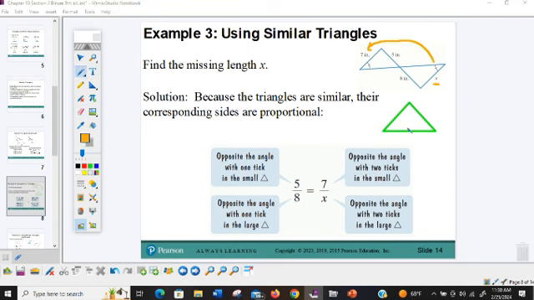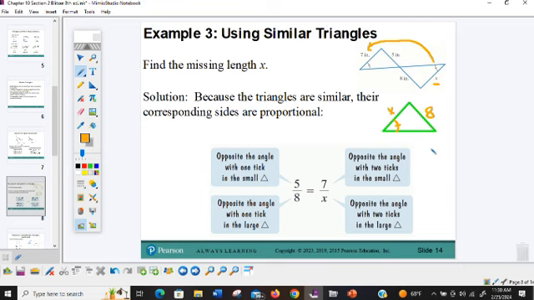Let me do that again since I messed that up. Now, if I flip this over here, if this angle's going all the way over here, the X is going to be in the same spot as the 7, right? If I flip it over here, this 8 is going to end up in the same spot as the 5. And that's what it would look like, okay?